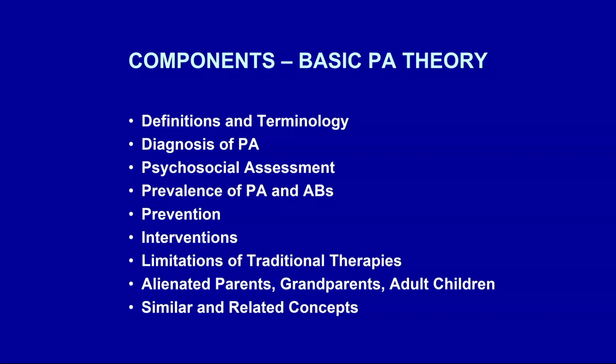The very last thing on this list says similar and related concepts. I've been interested in that. In other books I've done, I've made a point of discussing other concepts in mainstream psychology that are related to alienation. For instance, cognitive dissonance is a phenomenon where people have contradictory thoughts that make them uncomfortable. That happens in alienation, with children experiencing cognitive dissonance with regard to their two parents.